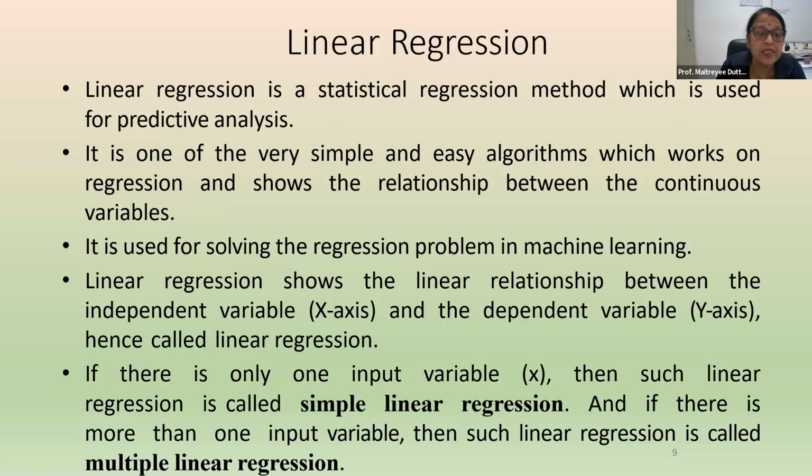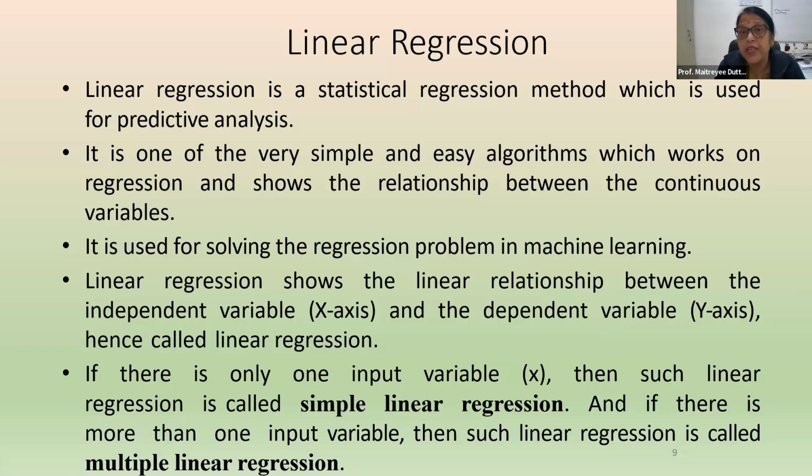Your aim should be that the straight line is very accurate, nearby all the points that you have in your space, right? It is used for solving the regression problem, and linear regression shows the linear relationship between the independent variable and the dependent variable.